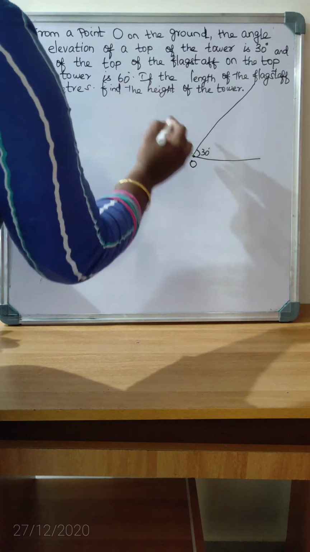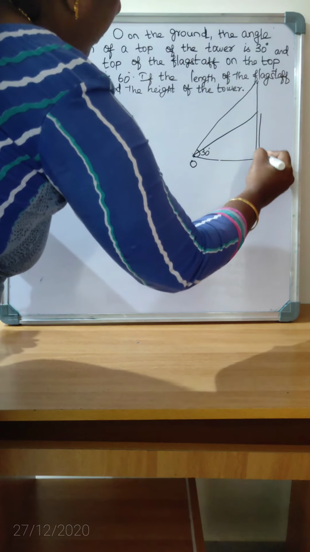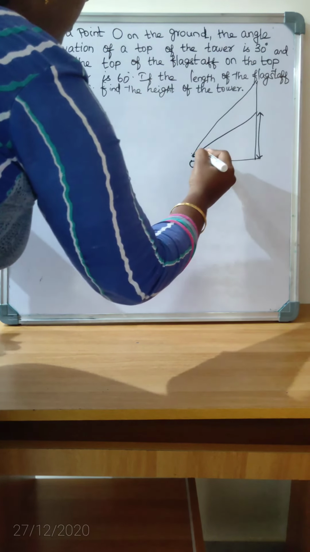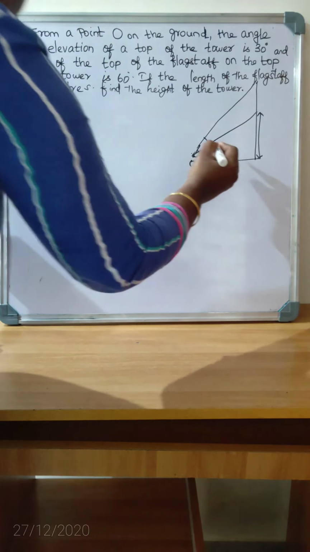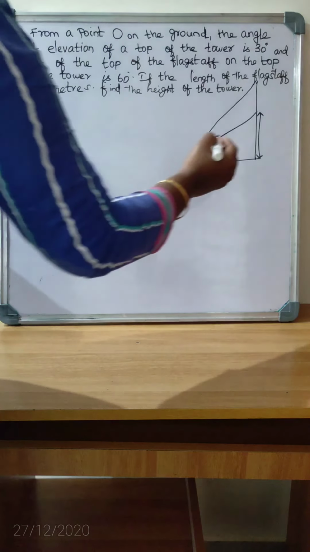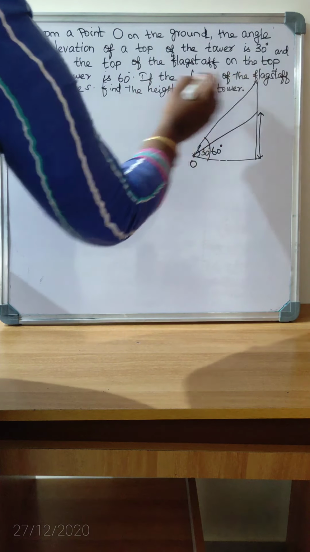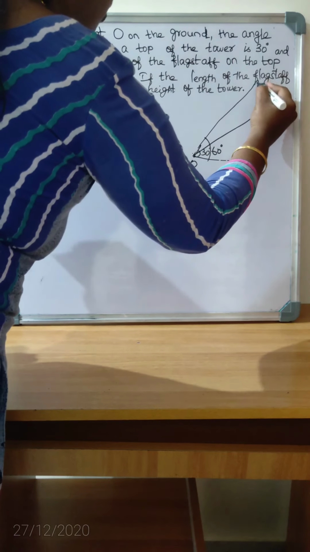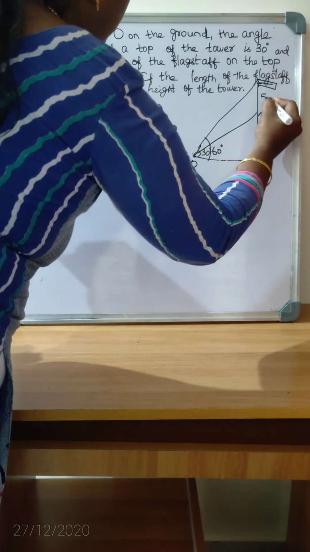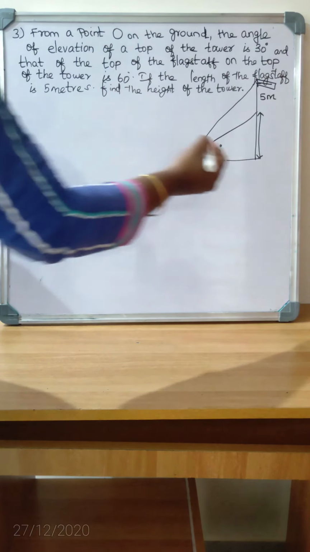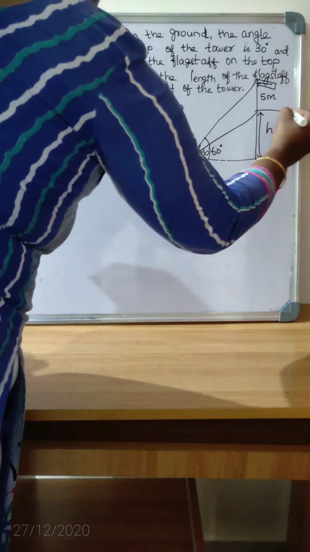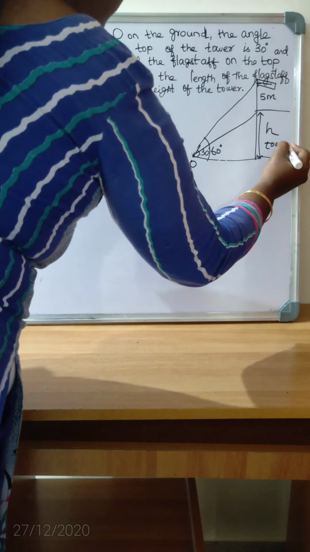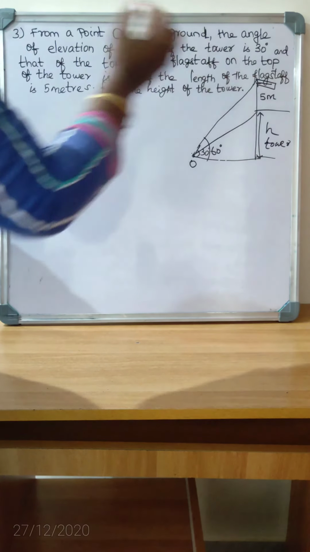So here we have the flagstaff and this is the tower. So this would be 60 degree. If the length of the flagstaff is 5 meters, so you have the flag here. This is 5 meters. You have to find the height of the tower. So till this, it is the tower and here you have the flag.